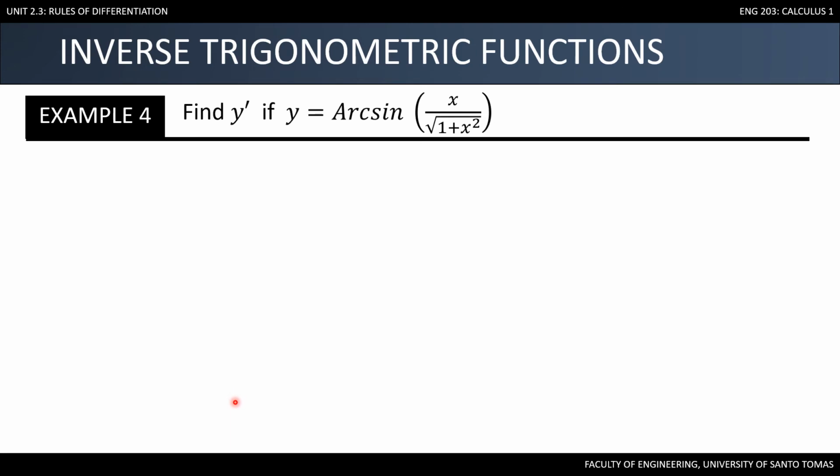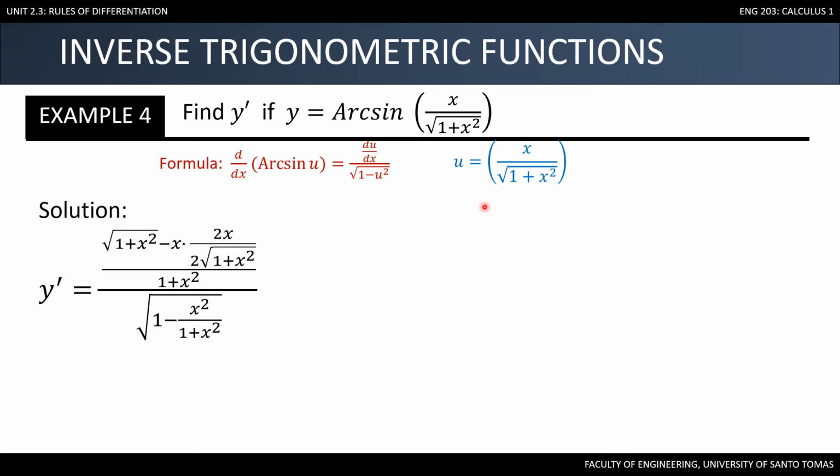Fourth example, let's find y prime if y is equal to arcsine of x over the square root of 1 plus x squared. The formula is this one. Arc sine of u, du over dx all over square root of 1 minus u squared. Our u is x over square root of 1 plus x squared.